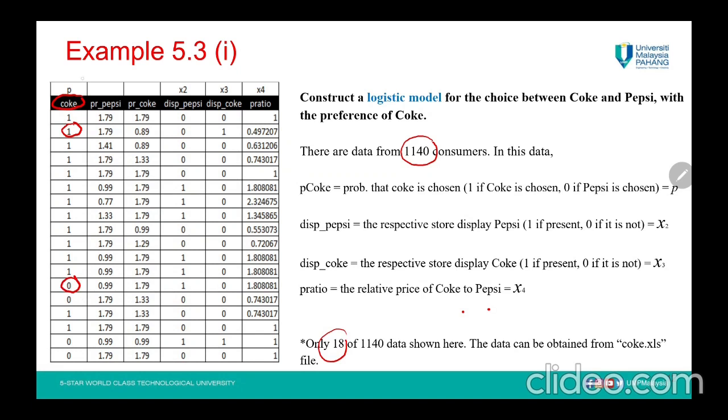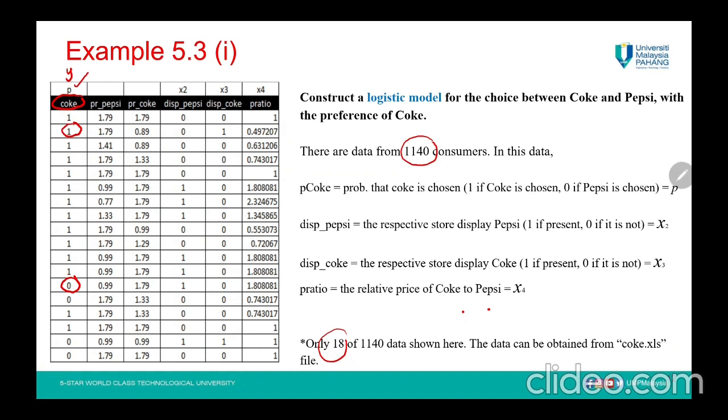So that's why we represent this as P. Actually, this is our Y. Remember that means our Y here is in terms of 0 and 1.